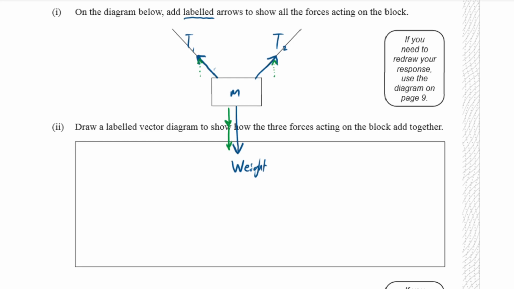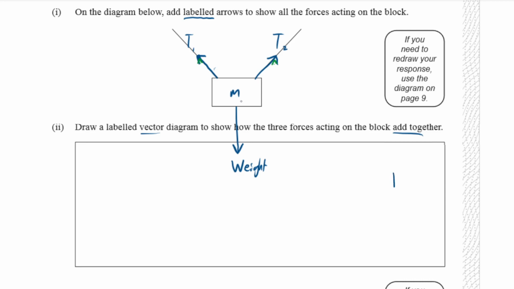what next? So now draw a labeled vector diagram to show how these forces are acting on the block, how they add together. So in vector addition, we add vectors by connecting the tail of one vector to the head of another vector, and we do that for all of the vectors.